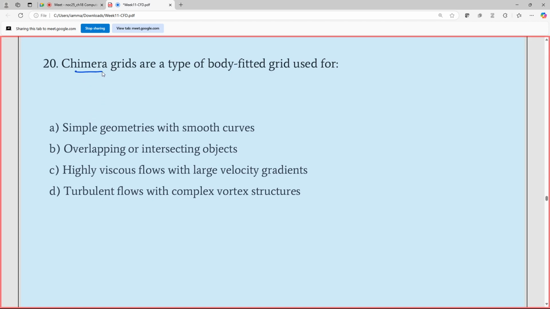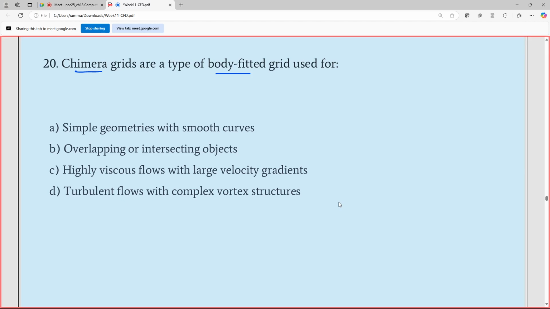Chimera grids are a type of body fitted grid used for which of the following?